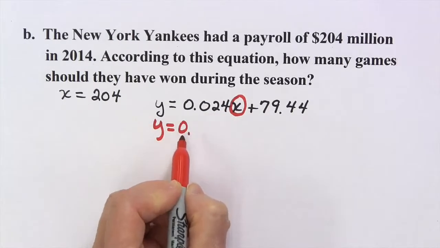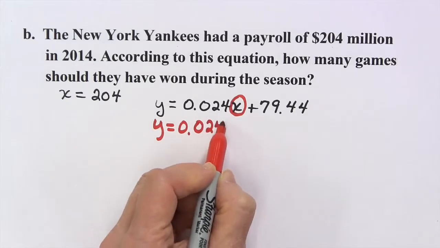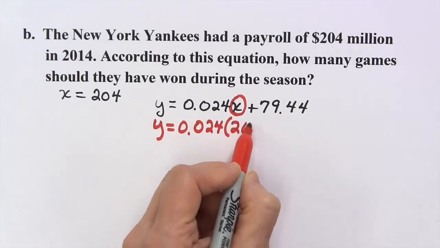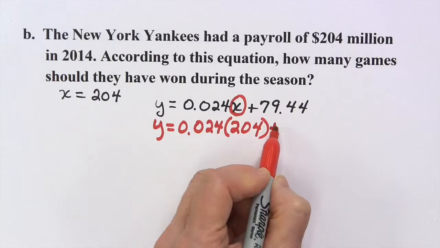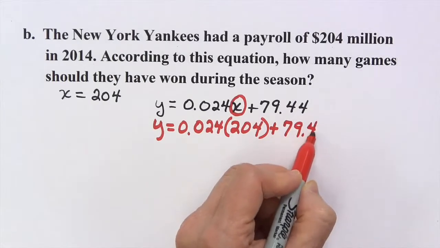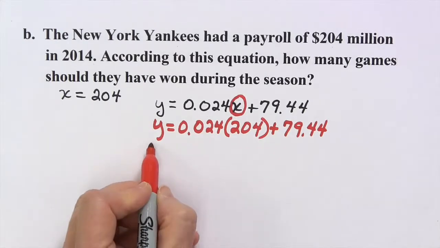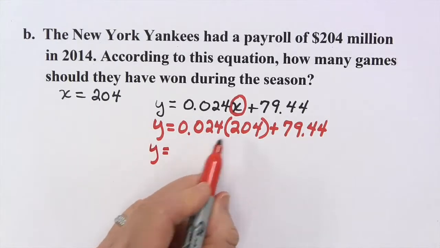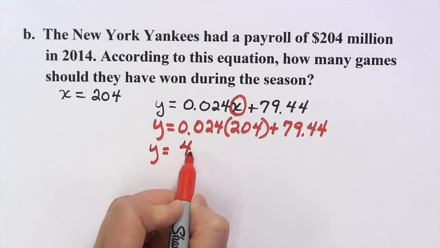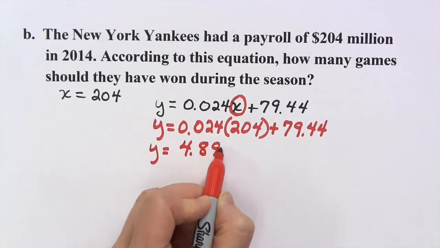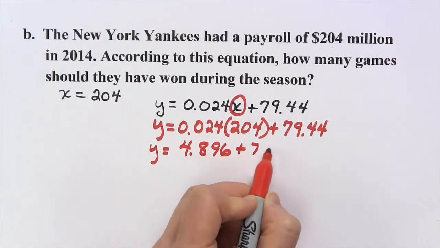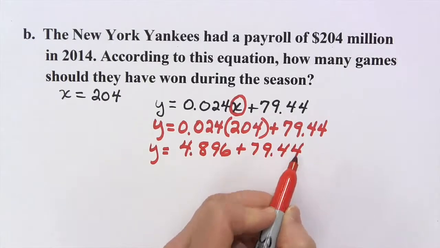Y equals 0.024, X is 204, and then we add 79.44. Again, we'll do this on our calculator. So Y is equal to, if you multiply, I believe you get 4.896 plus 79.44.